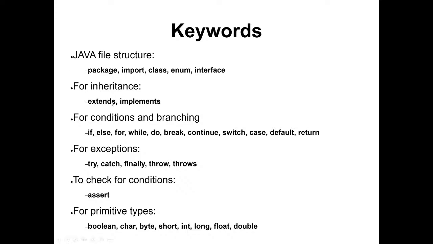For inheritance, extends, if you want to extend any class, and implements, if you want to implement the interface. For conditions, if else, it's pretty straightforward. For, it's also pretty straightforward.